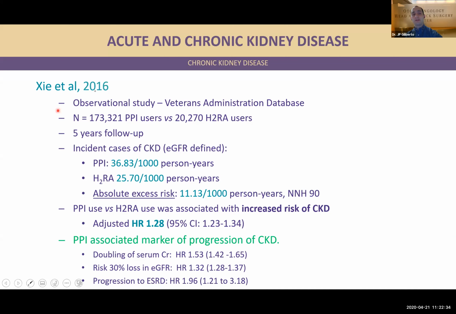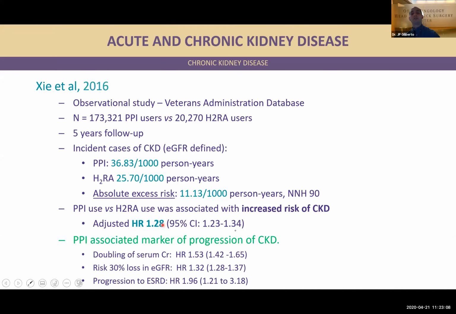In a similar study, Xie et al. looked at the VA database to find similar findings, but also looked at the progression of chronic kidney disease, not just its presence. You can see here they had about 20,000. They had 173 PPI users, and they compared them to H2 histamine receptor blockers, and they noticed an absolute excess risk of 11.3 per 1,000 patient years.